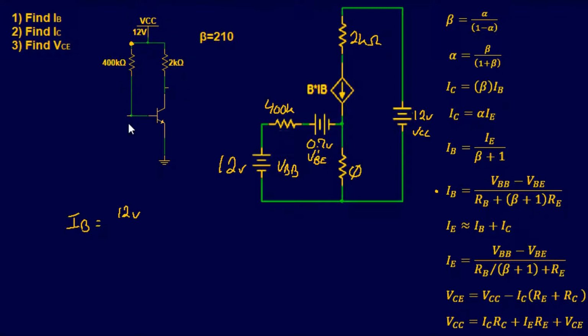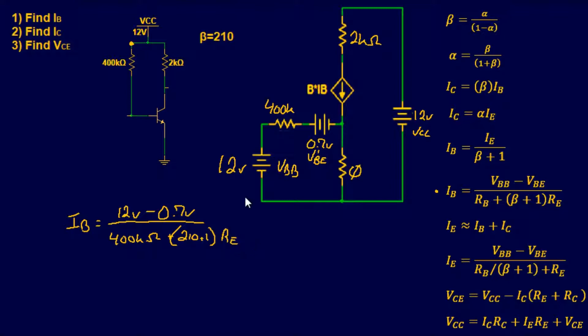But since we don't have any other resistors or anything else manipulating this base voltage, for the sake of argument, it's going to be 12 volts. Then, since it's a silicon transistor, it's minus 0.7 volts. This is over our base resistance, which is 400 kilo, plus 210 for beta, and that's plus 1, put in parentheses just to keep it the same, and then times RE.